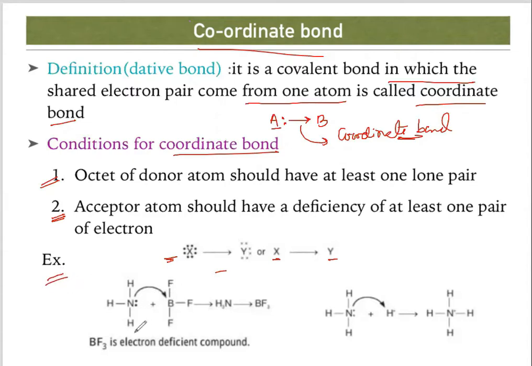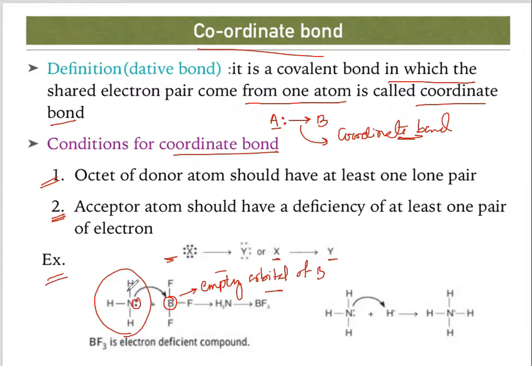We have taken the example of ammonia, NH3. As we have already drawn the Lewis dot structure in the previous slide, I think this is clear to you. So nitrogen has one lone pair, and that lone pair can be donated. BF3: B is boron, here fluorine, fluorine, and fluorine. So this pair of electrons is donated to the empty orbital of B. If B can accept a pair of electrons, that means B must have a vacant orbital.